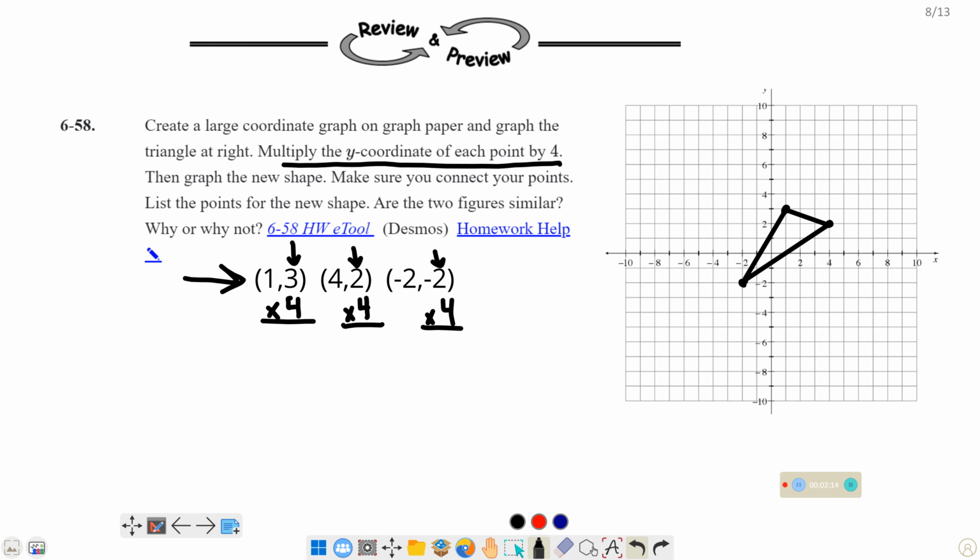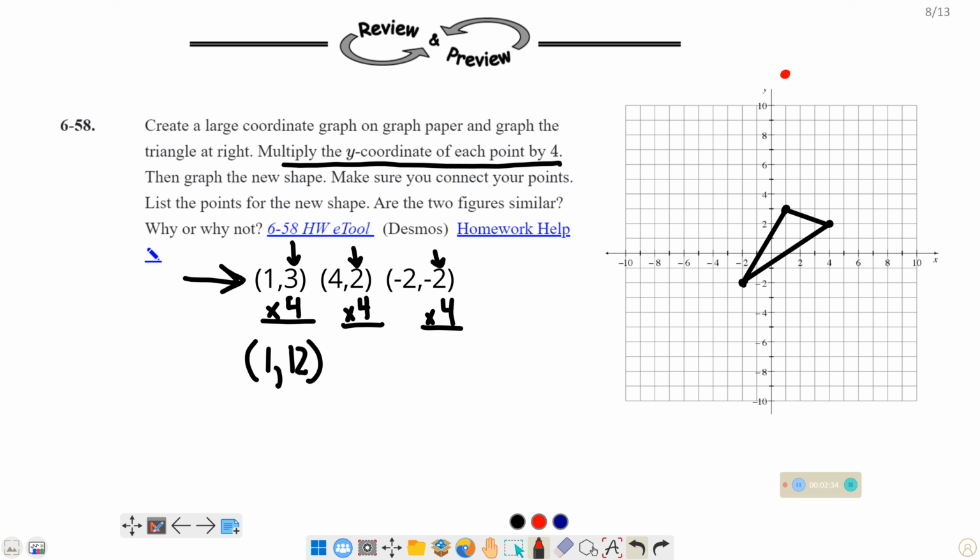I'm going to do the first one, you're going to do the other ones. 1, 12. Now 1, 12, I'm going to graph this in a different color. 1, 12 goes off the graph a little bit, but I'm going to go ahead and put it there.